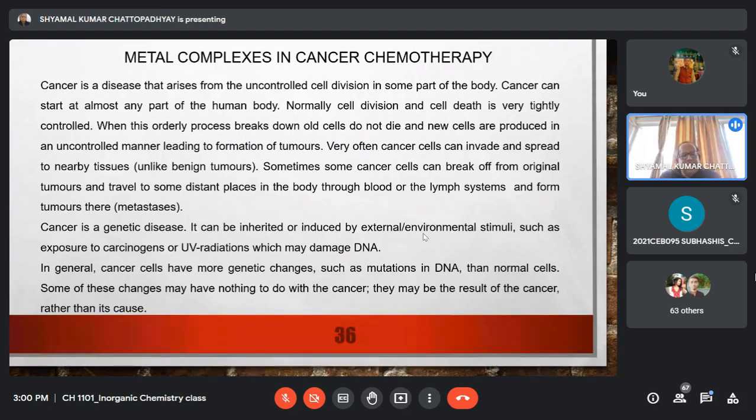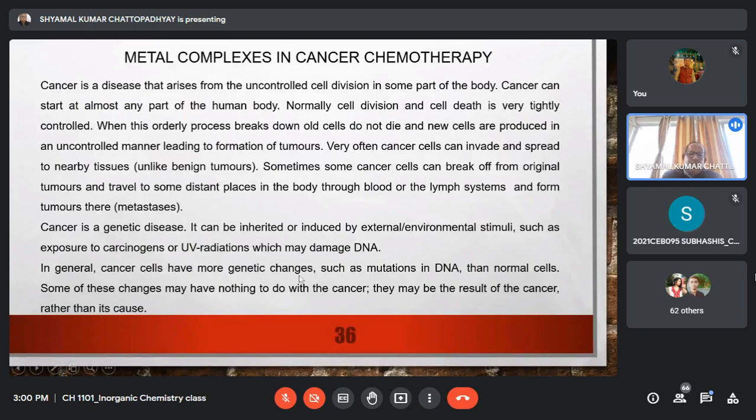So in any case, cancer may be inherited or stimulated by exposure to carcinogenic chemicals or hazardous radiation, and initially some defect in a gene occurs, and this defect in the genetic system then leads to uncontrolled cell growth and cancer.